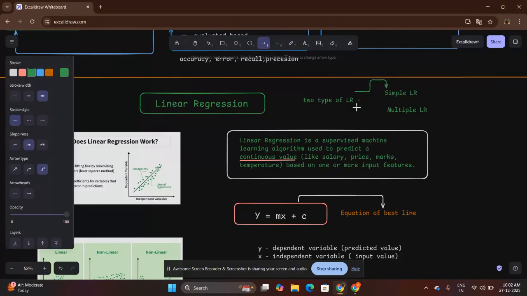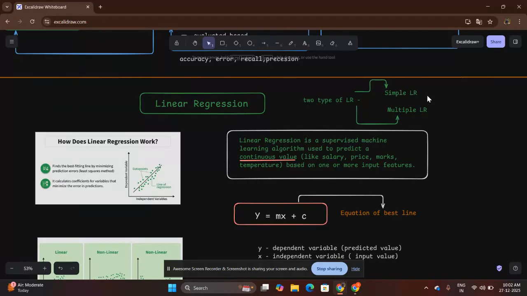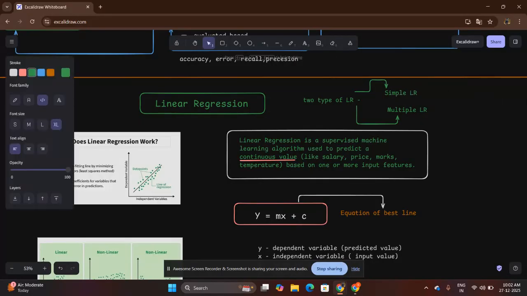So in simple linear regression, what formula is there? y = mx + c.